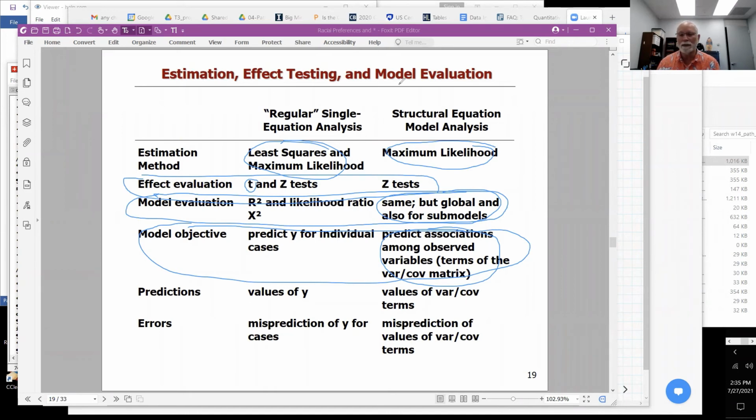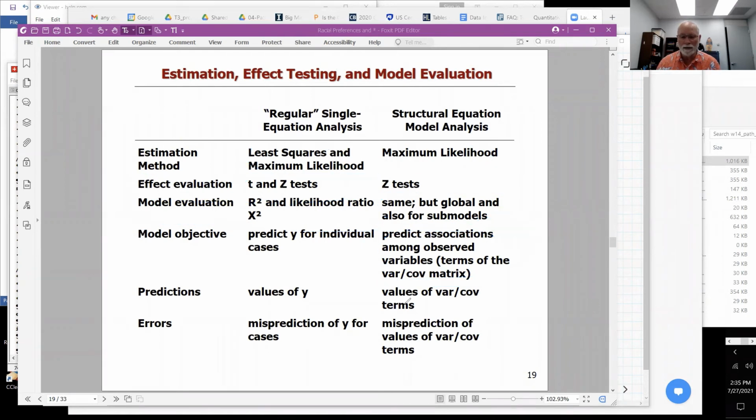That's kind of complicated, but there's power and advantages gained. So your predictions in regular regression are the dependent variable. Your predictions in SEM are, was I able to reproduce the variance covariance? And same thing about errors.